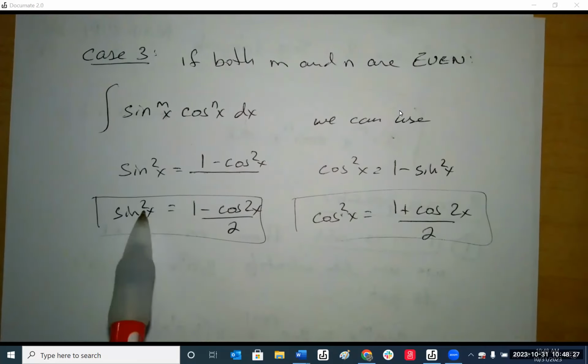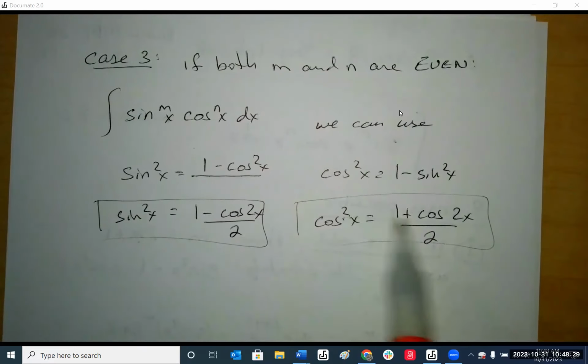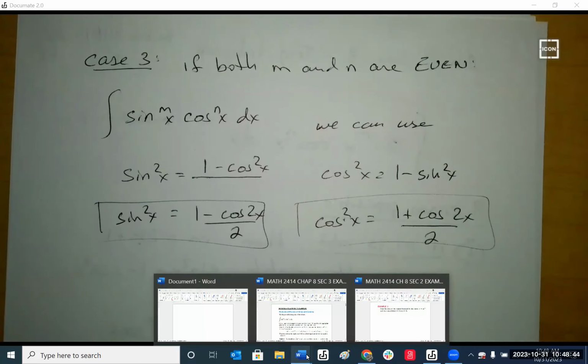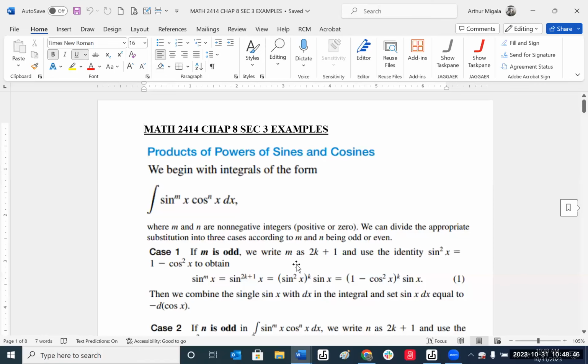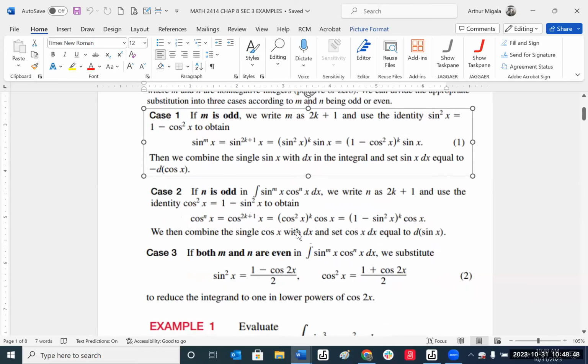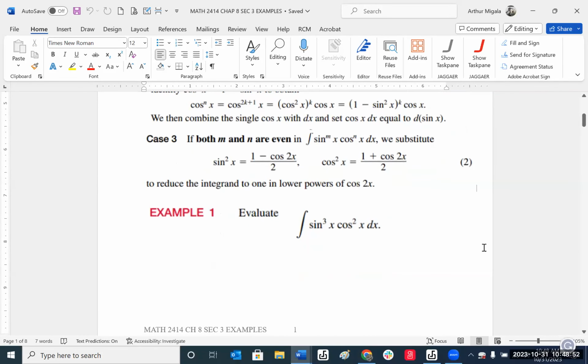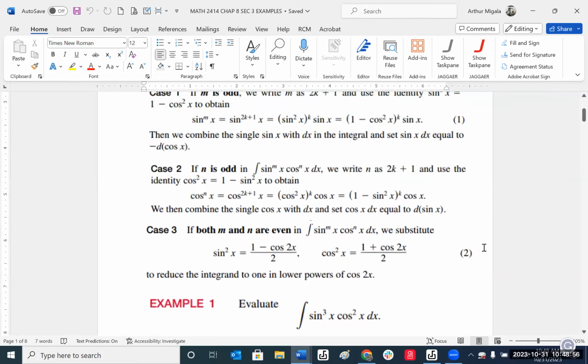And if you notice what's also happening here, what we did last section, we're going from an exponent to no exponent, so it's a power reduction formula. And here you have them. I have the sheets here, but I'll include them in the upload. So here's all the rules.